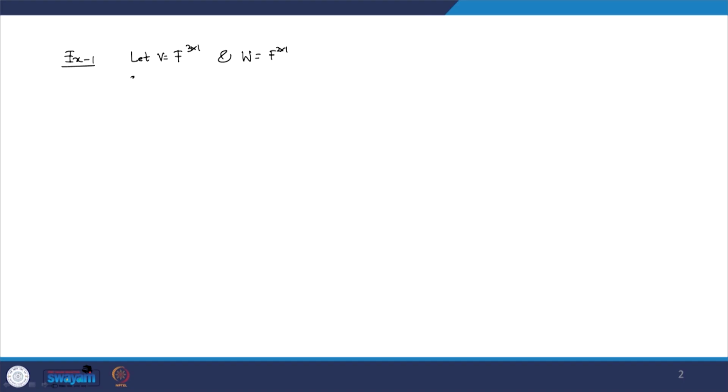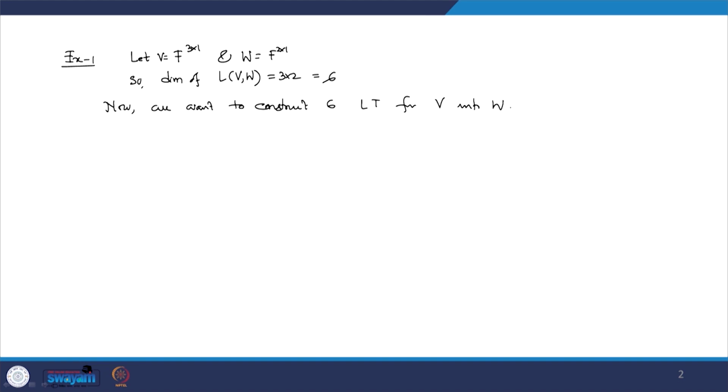Now, the dimension of L(V, W) is equal to 3 into 2, which is equal to 6. Let me construct the corresponding linear transformations from V to W. So, now we want to construct 6 linear transformations from V into W, which will span the space L(V, W).